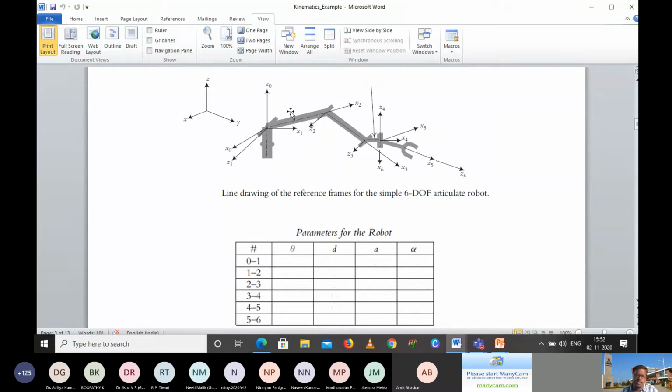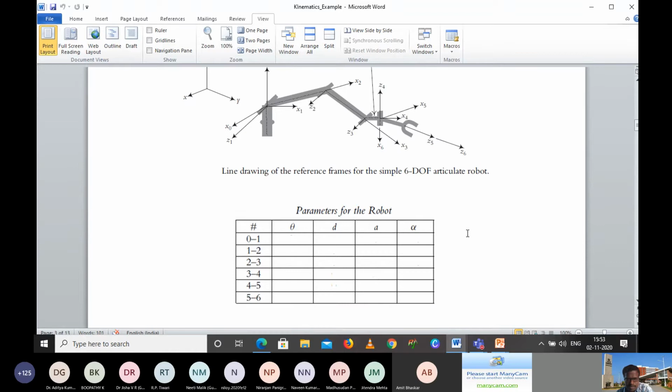Both are in the parallel line, so we won't have any alpha value. Are we clear, sir? Clear, sir. So next we are going to 2 and 3. Definitely, as I said, 6 degrees of freedom. The 2 and 3, we are having again rotation, that is theta 3. Am I right, sir?